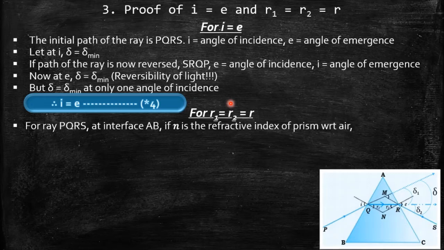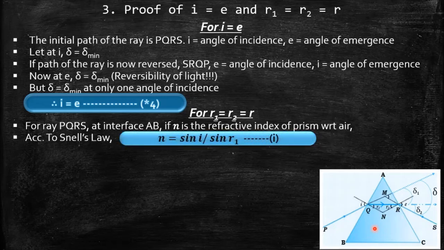So for the ray PQRS, now at the interface AB, if N is the refractive index of the prism with respect to air, can I find out the refractive index of this prism according to Snell's law? Well, obviously yes, because Snell's law told me that N is equal to sine I upon sine R. But what is R over here? Certainly it is R1, right?